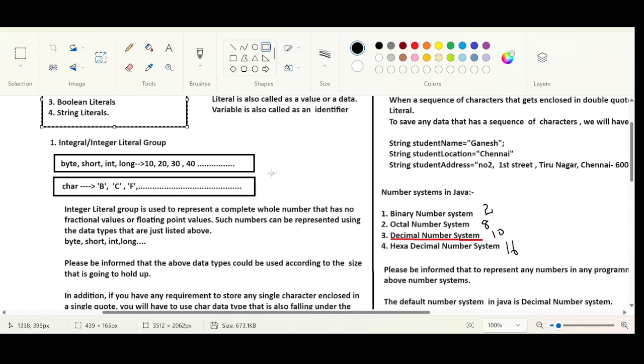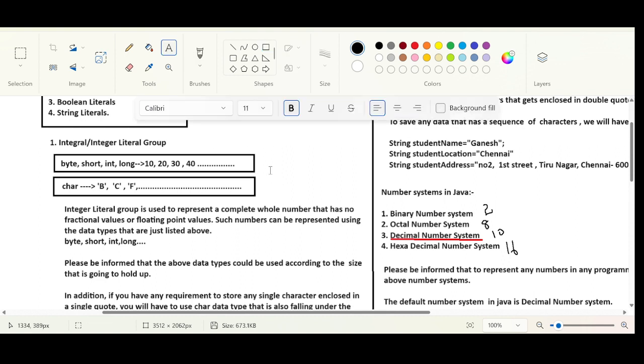Space, dot, all these symbols can be represented. Any symbol, any letter, any number, any single character, you can use the char data type. Again, it falls under the integral or integer literal group.